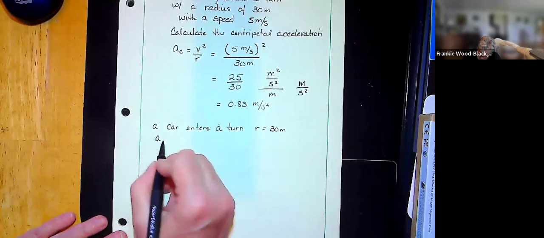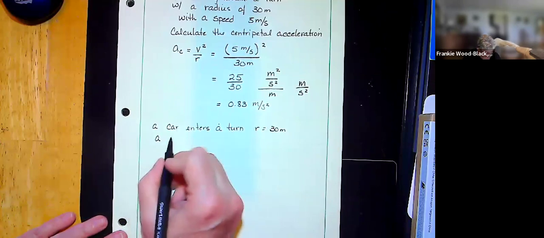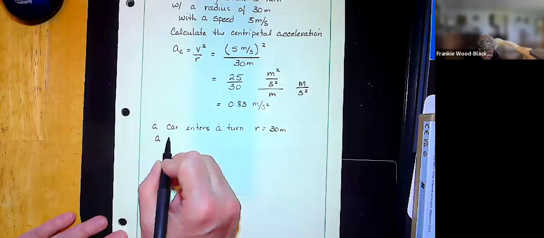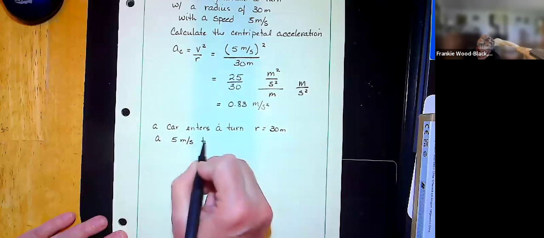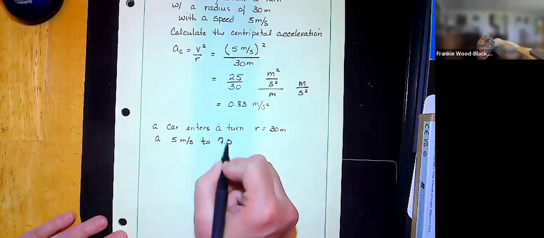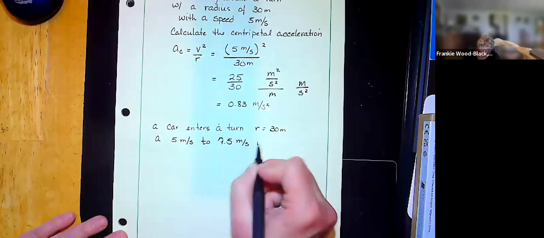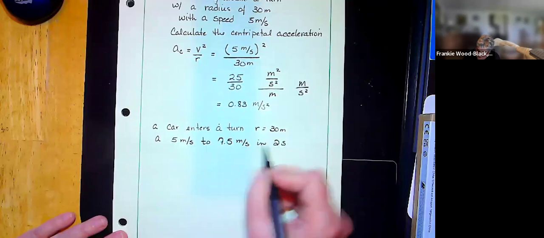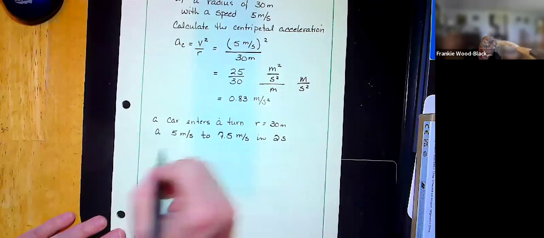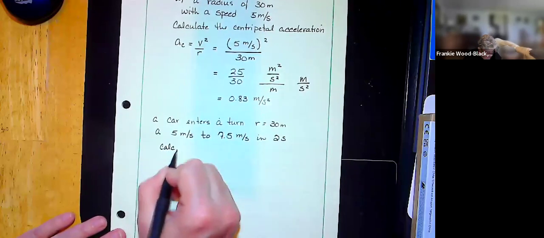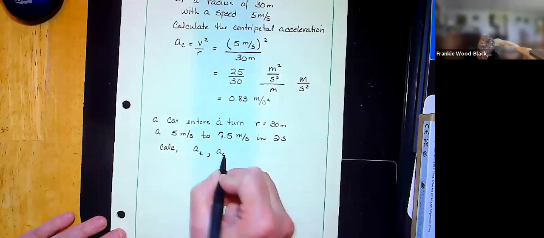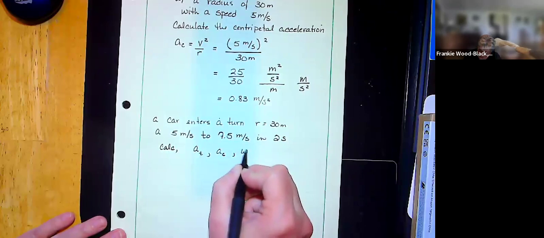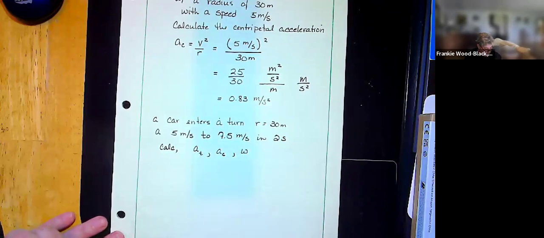We're going to accelerate from 5 meters per second to 7.5 meters per second in 2 seconds. We want to calculate our tangential acceleration, our centripetal acceleration, and our angular velocity.